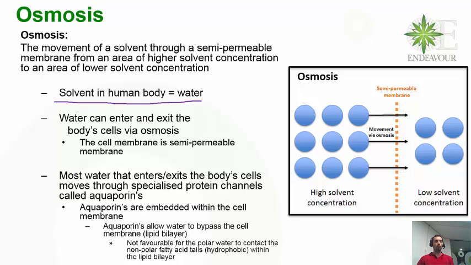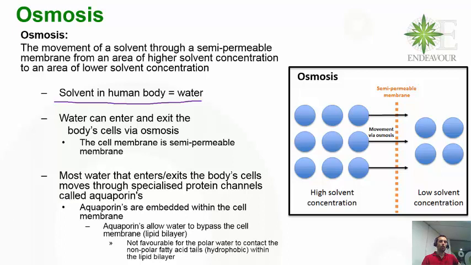Water is able to move in and out of our cells, which have a semi-permeable membrane, via osmosis. If there's more water on one side of the cell than the other, then osmosis can occur to try and ensure that there's an equal concentration of solvent inside and outside of the cell.